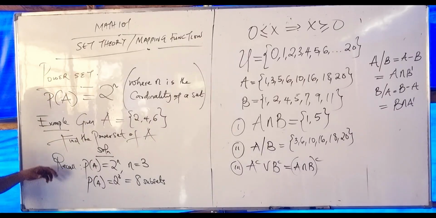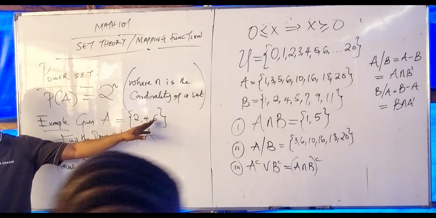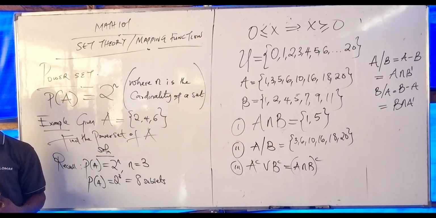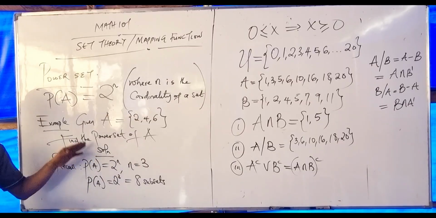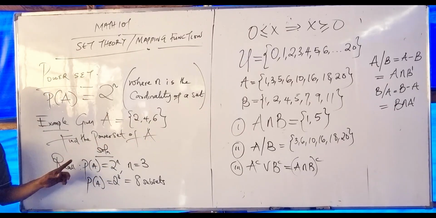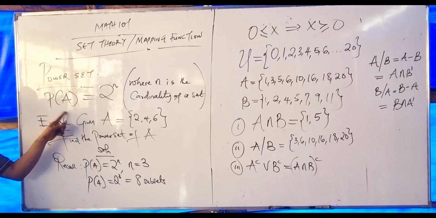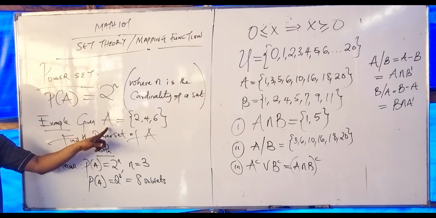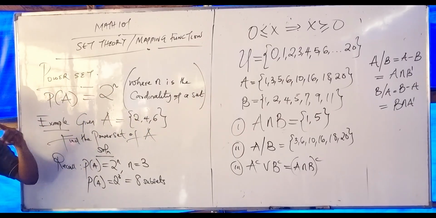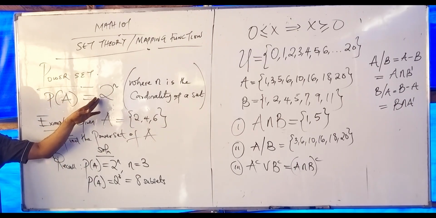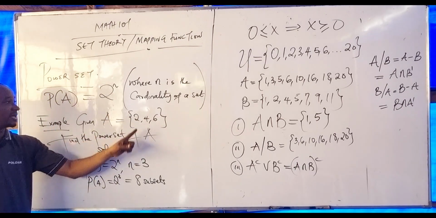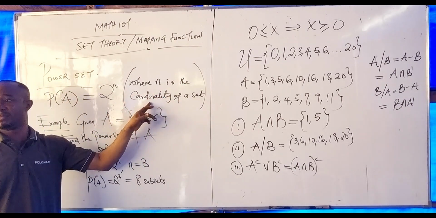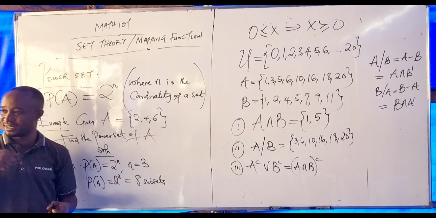Okay, now look at this. We are given that A equals 2, 4, 6. Now we have to find the power set of A. The formula says P of A equals 2 raised to the power N. If I have B equals 2, 4, 6, P of B equals 2 raised to the power N, the same formula. N represents the cardinality of the set, meaning the number of elements in a given set.